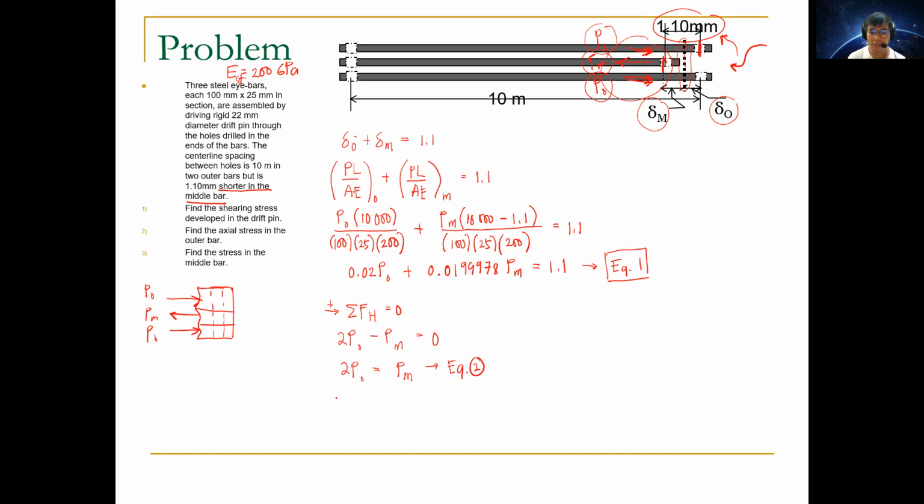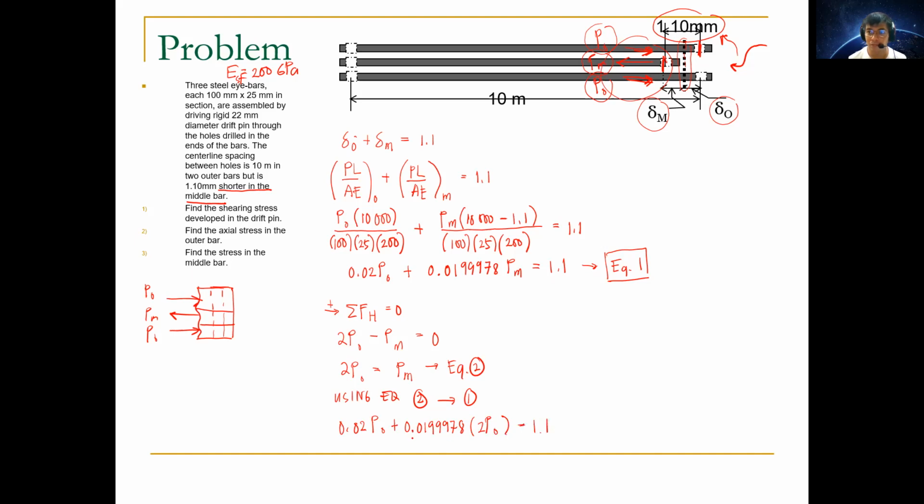Okay, so incorporating equation number 2 to 1. Again, P sub M is twice P sub O. So 0.02 P sub O plus 0.0199978 multiplied by twice P sub O is equal to 1.1.